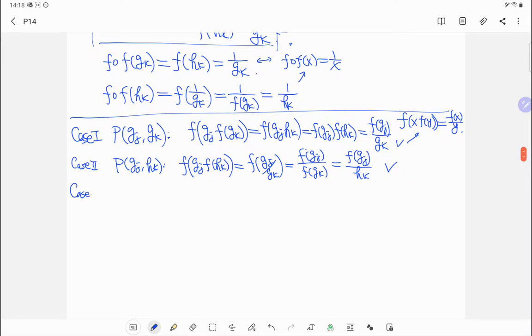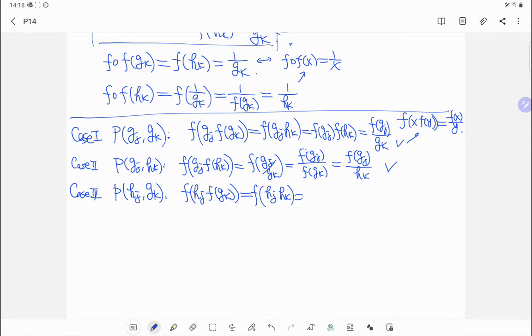For case 3, we can pick hj and gk. So the left side will be f evaluated at hj times f of gk, which equals f of hj times hk, like this.